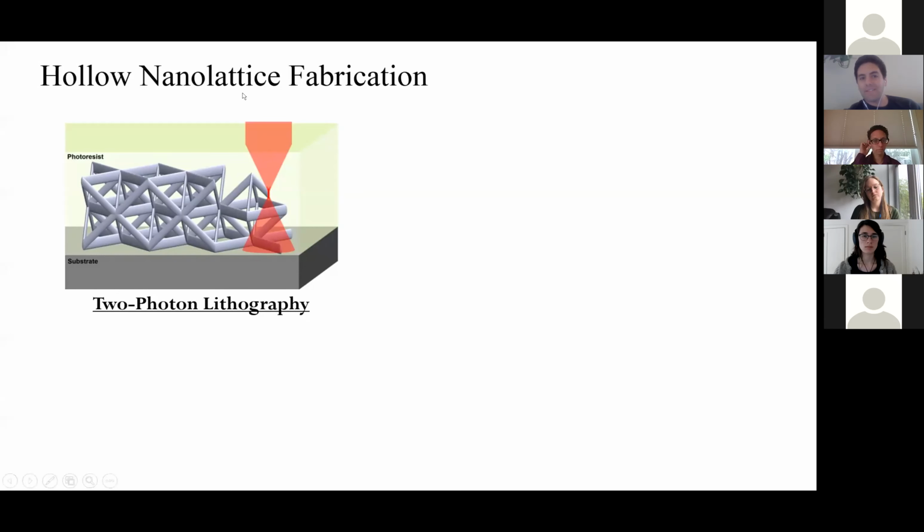The infrared light itself isn't enough to cross-link the polymer, but at the focal point of the infrared light, you can get a statistical absorption of two infrared photons that have the same energy as one UV photon, and that can actually cross-link your material only at the focal point. So you can actually get sub-wavelength resolution. This is 780 nanometer light, and we can get features down to about 150 nanometers, so about a quarter of the wavelength of light here.